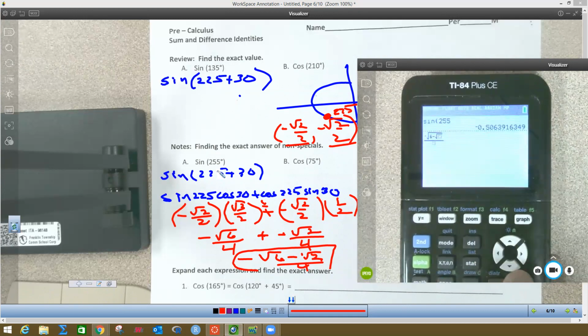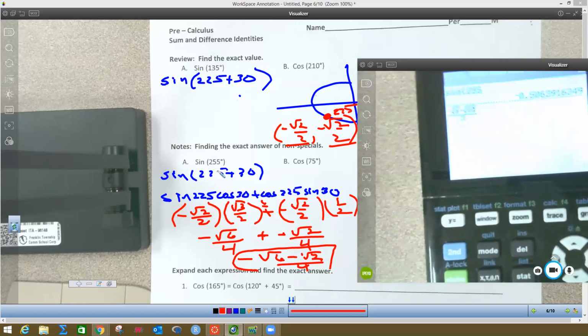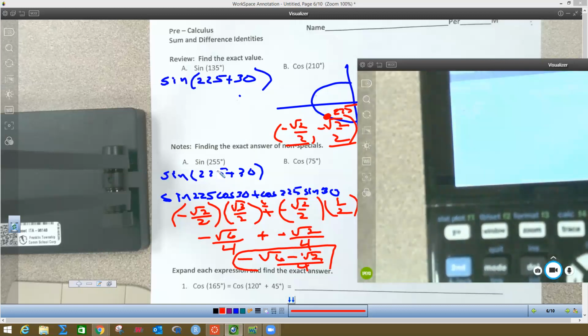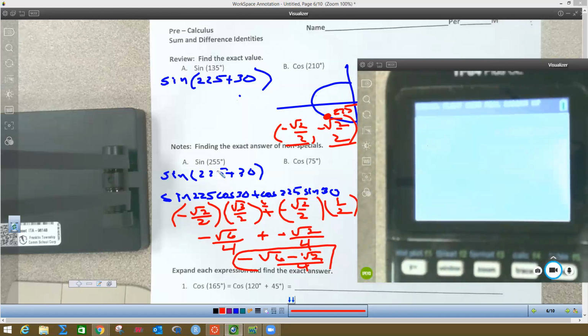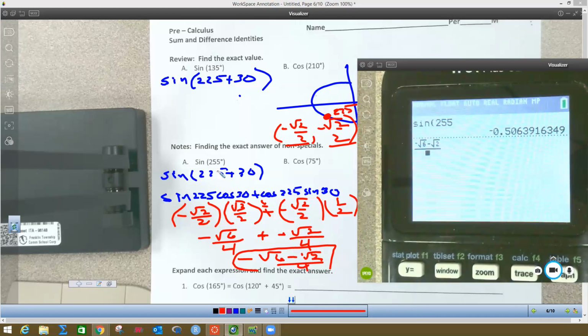Oops. I have to go back over here and do this again because I forgot to arrow over. You have to arrow out from under that first radical. Minus radical 2 all over 4.